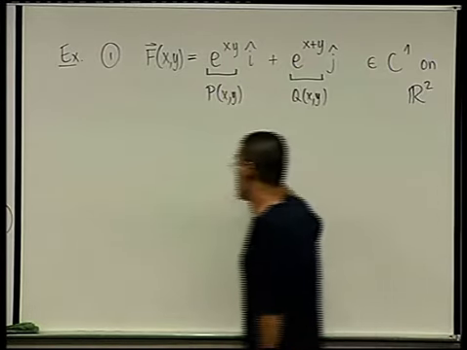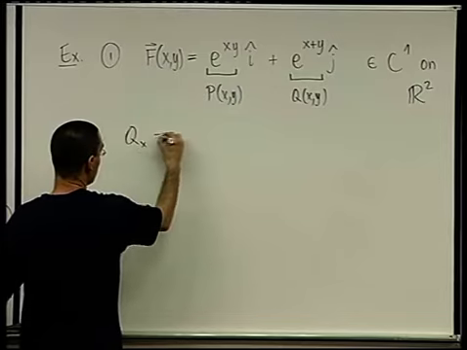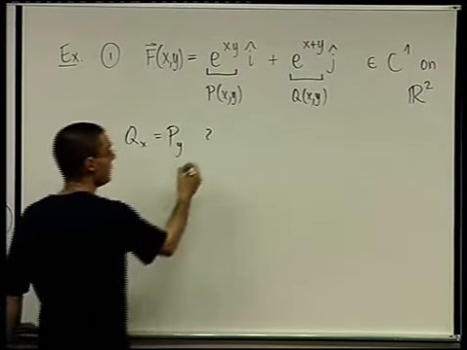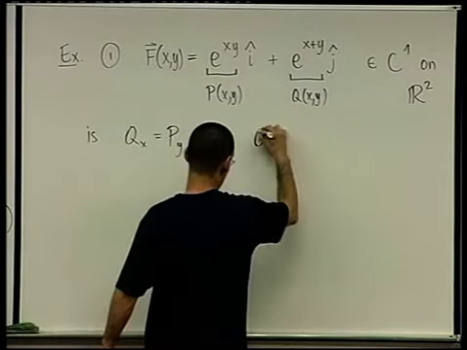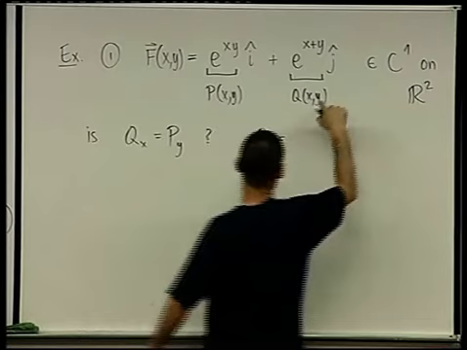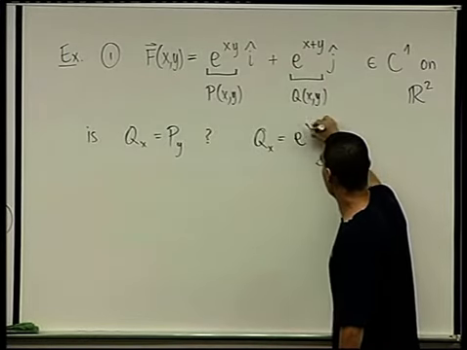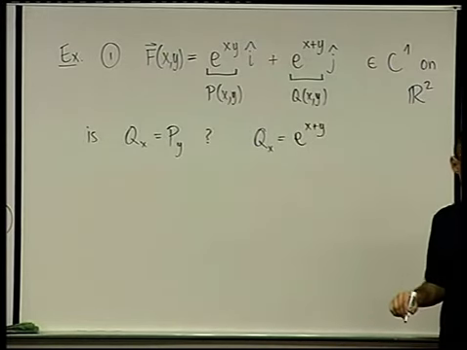So what we want to check now is qx equal to py. Let's check that. So what is qx? Qx, the derivative of q with respect to x, is e to the power x plus y times the inner derivative, which is 1. Do you agree?